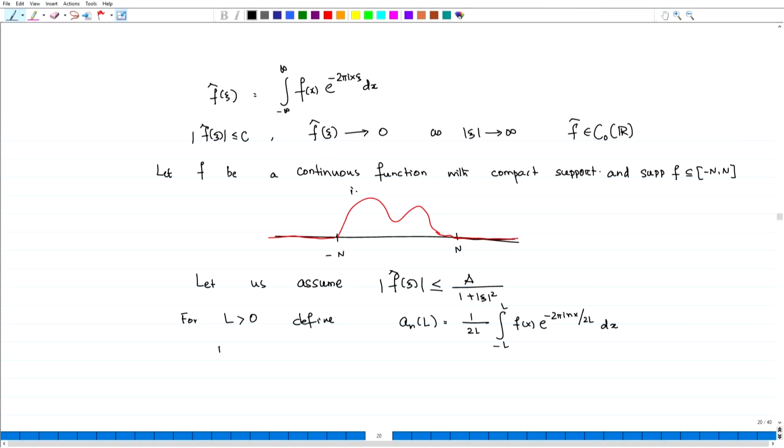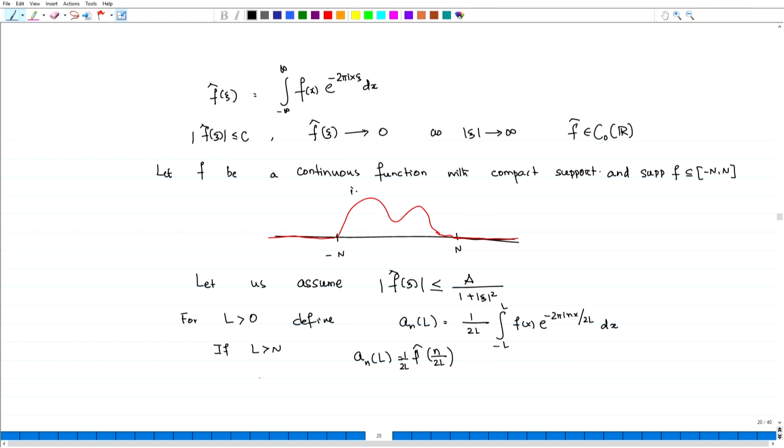So, now if L is greater than N, then I can represent this in terms of the 2L periodic function, and hence we can get that a n L is equal to f hat of n by 2L, times the 1 by 2L factor.